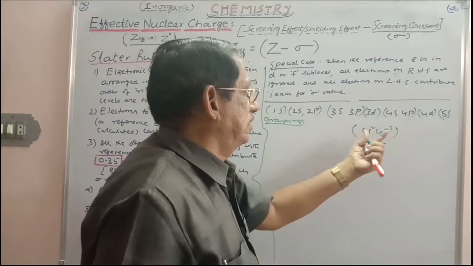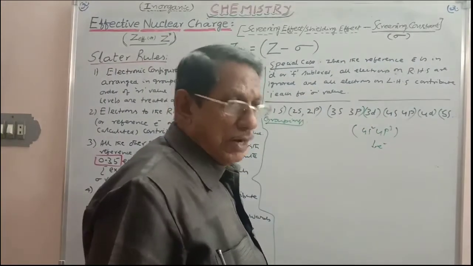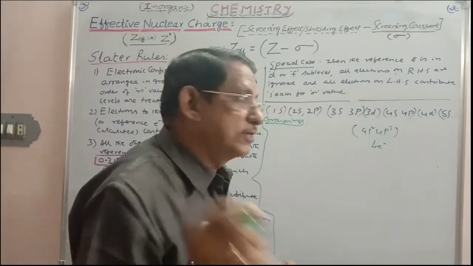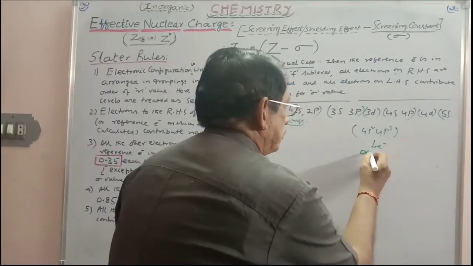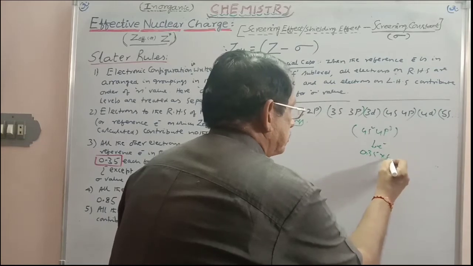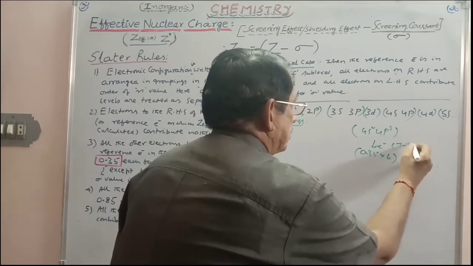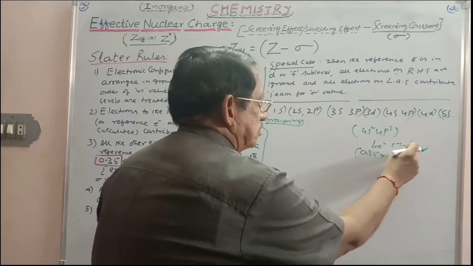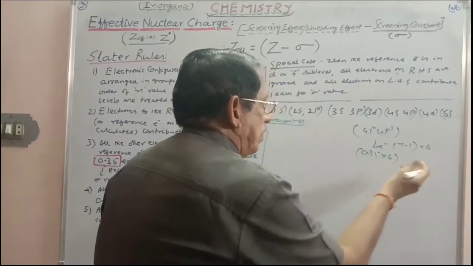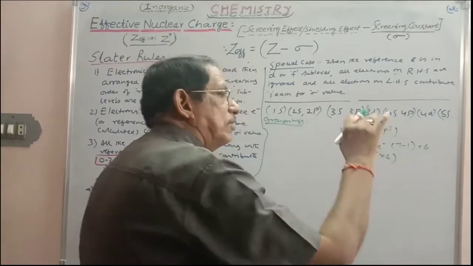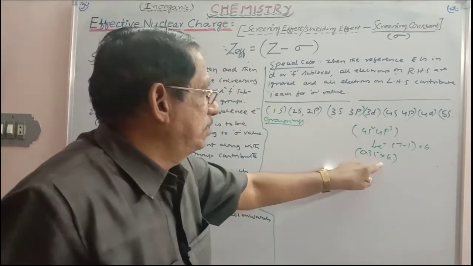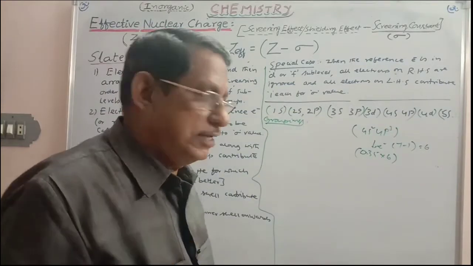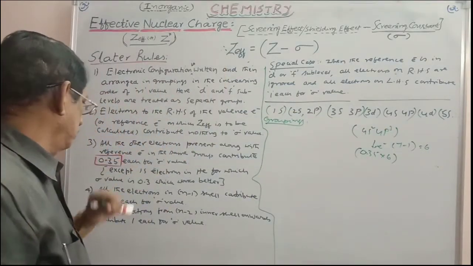How many electrons remain there? 6 electrons remain. All the 6 electrons in the same group will be contributing 0.35 each, 0.35 into 6, because you have to take 7 minus 1. These are 7 electrons, 1 electron is the reference electron, 6 electrons are remaining, and therefore that is 6 into 0.35 for every electron. This is the sigma value given by all the 6 electrons of the same group. Okay, that is the meaning of 0.35 each for sigma.